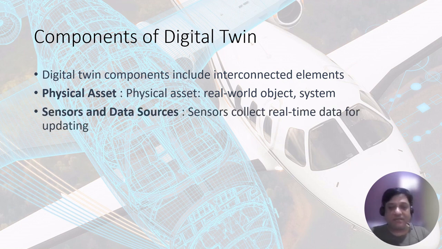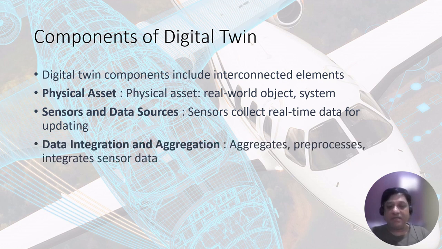Then there are sensors and data sources, which are used for real-time data from the physical asset. These sensors could measure parameters such as temperature, pressure, vibration, location, and more.